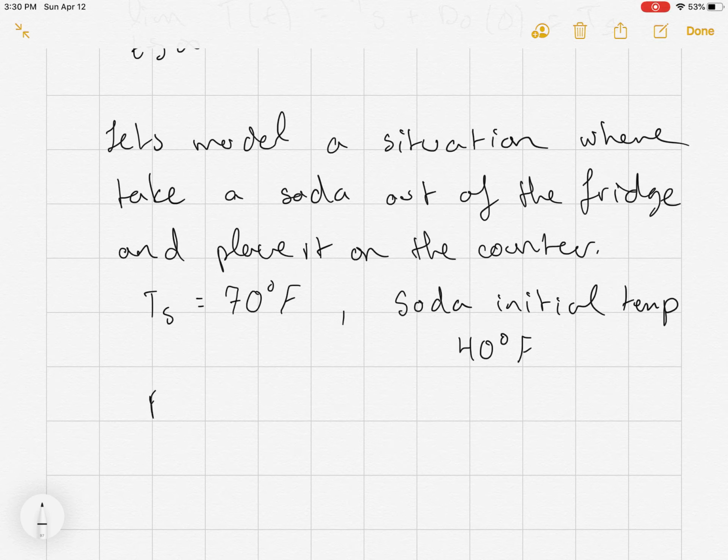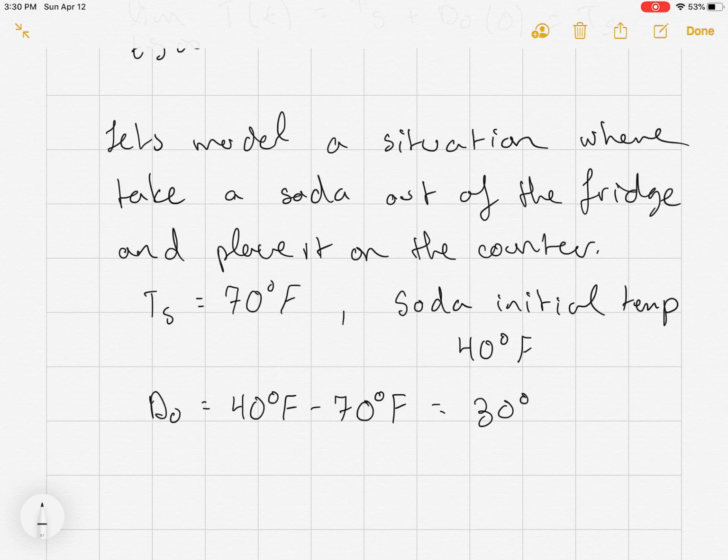Which means that our D0 is going to be the difference in temperature between the object that we're taking out and the temperature of the room, which is just going to give us 30 degrees Fahrenheit.